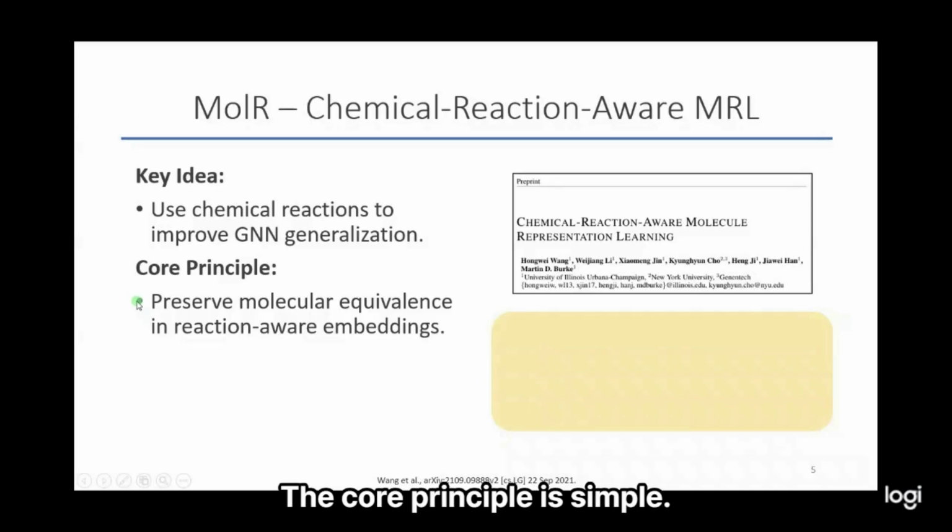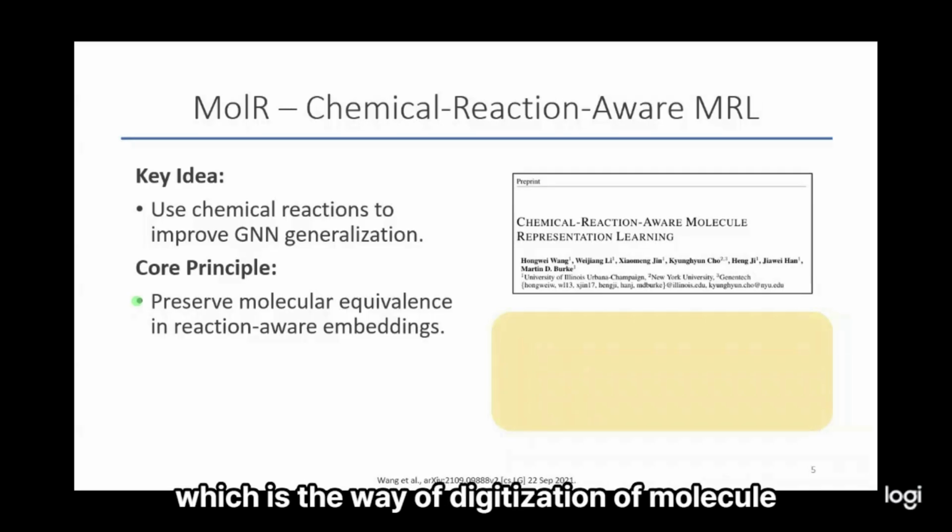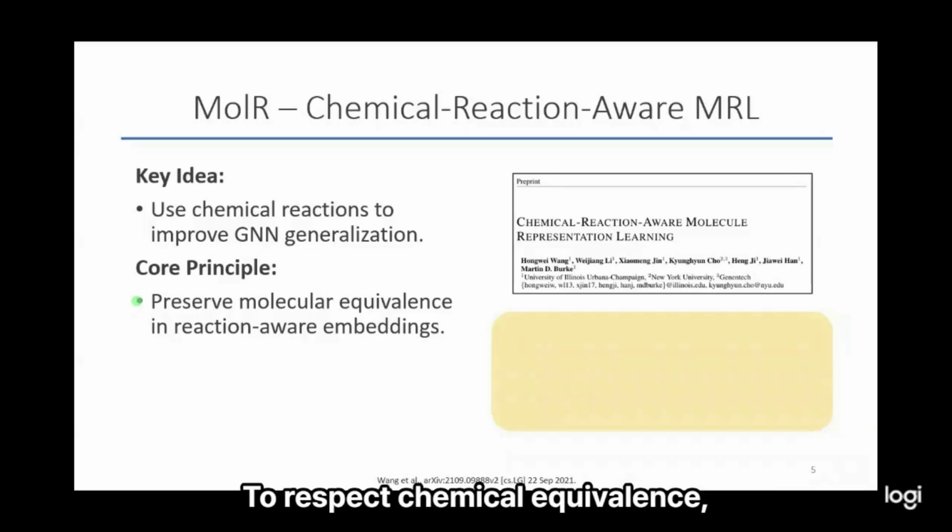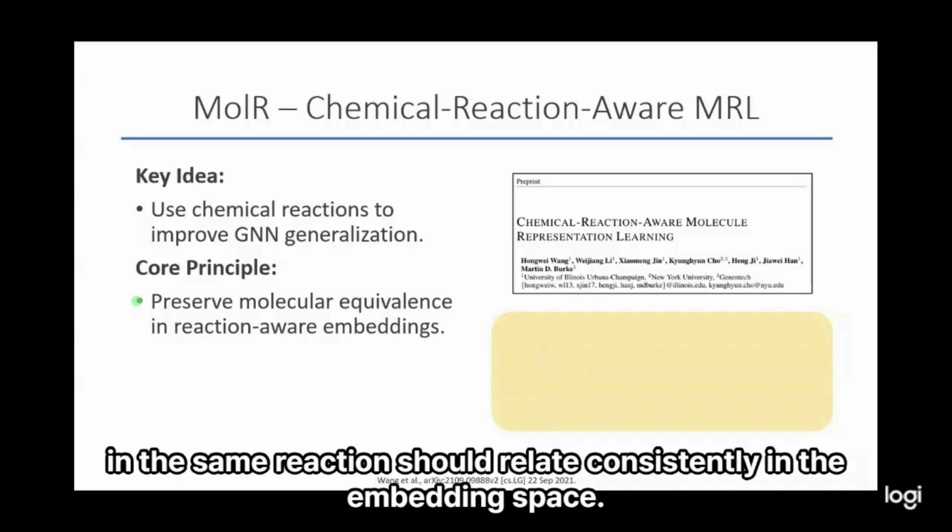The core principle is simple. We want our embeddings, which is the way of digitization of molecule in a vector space, to respect chemical equivalence. Molecules that participate in the same reaction should relate consistently in the embedding space.